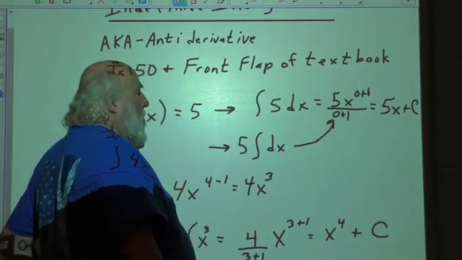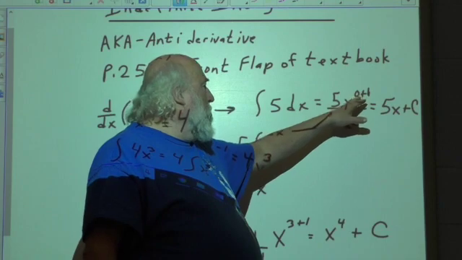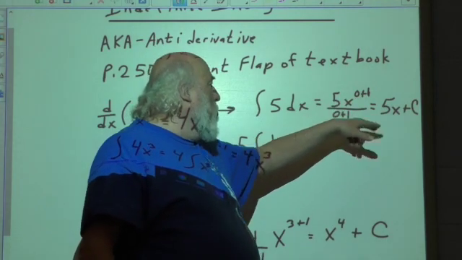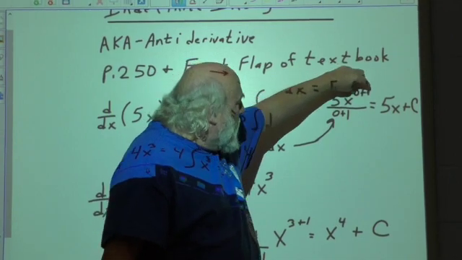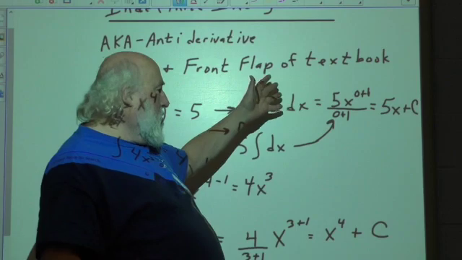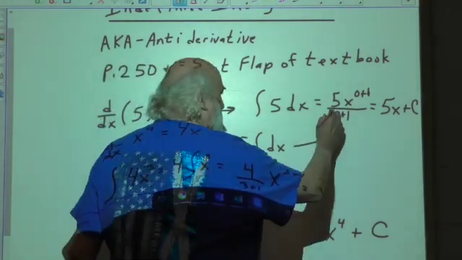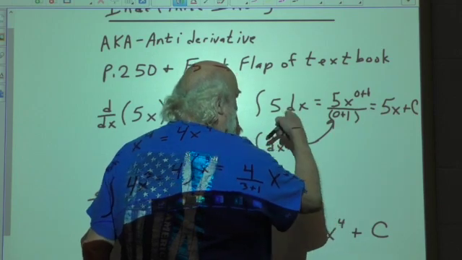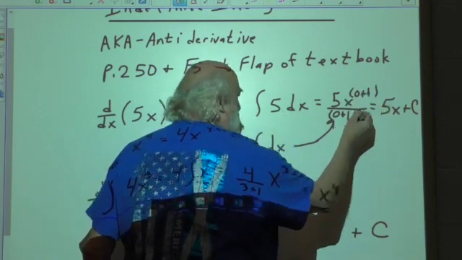But what's going to happen here is that we are going to add 1 to the exponent, and then we're going to divide by this quantity right here. This had no denominator per se, or did have 1, and so in effect, this 1 that was the denominator is multiplying this combination right here.